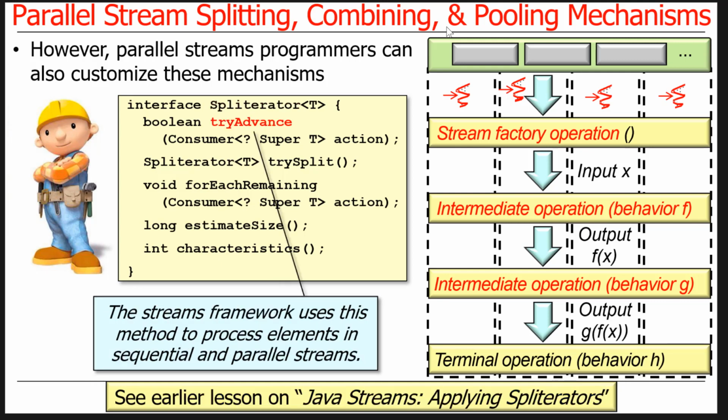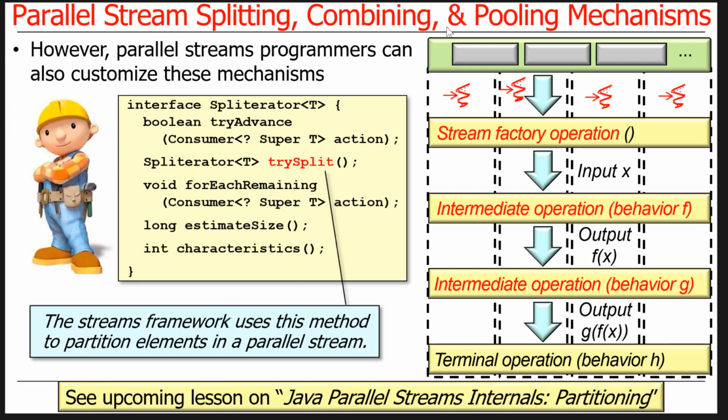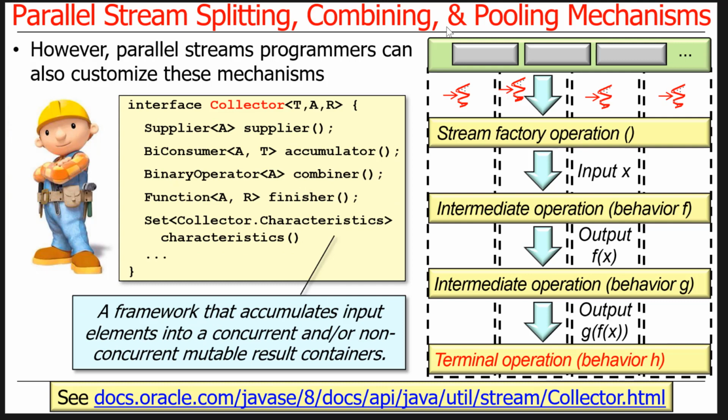The tryAdvance method, as we've talked about before, is used by both sequential and parallel streams for the part that's the sequential part of the processing. For parallel streams, the trySplit method is the key one. So trySplit is what's used to actually split the chunks up into subchunks, which are then split up into subchunks until we bottom out with the recursion. And we'll talk more about how that works in just a second.